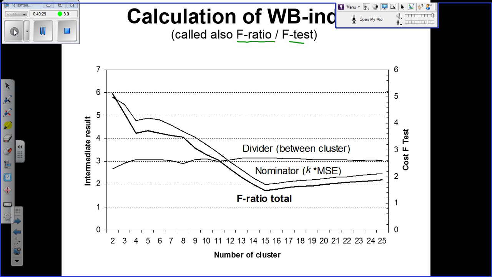So I divided this equation now into three different terms. There's the divider, and the between cluster SSB. I just clustered the data, I don't remember which data, probably one of the S data sets. When k, the number of clusters, increases, what happens to the between cluster SSB? It doesn't change much.